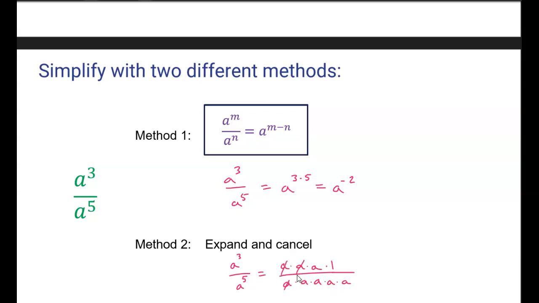These a's will cancel, these a's will cancel, these a's will cancel. Looks like we're left with 2 a's on the bottom. So that'll be 1 over a squared. A times a is a squared. So now this seems to indicate that a to the negative 2 is the same thing as 1 over a squared.